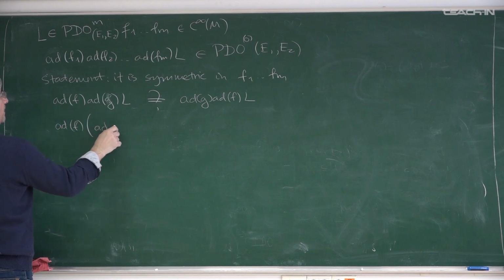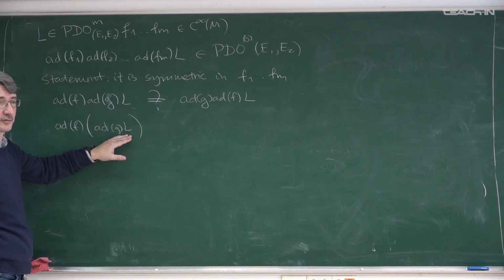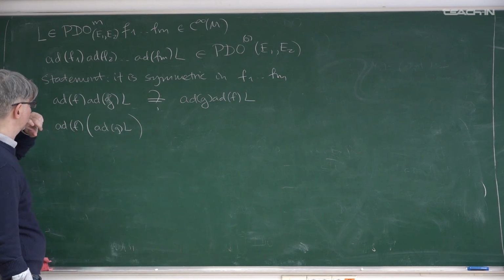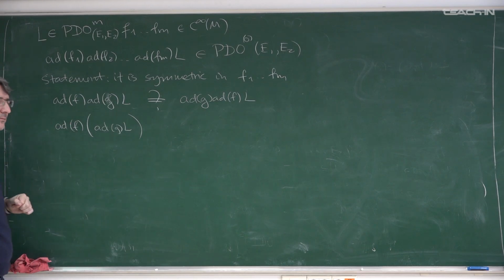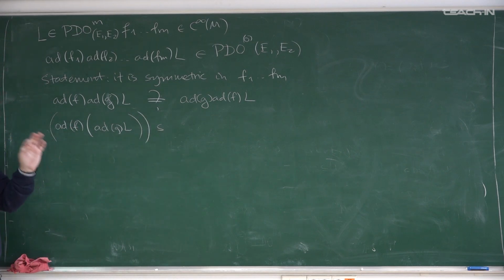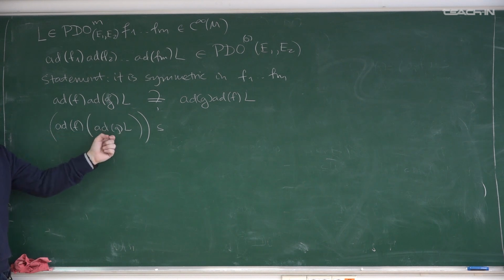So first of all, I calculate the guy which sits inside here. Oh well, that's a problem. We need to apply it to the section. The very interesting question is in which order I calculate the action of ad on operators, starting from f or starting from g?